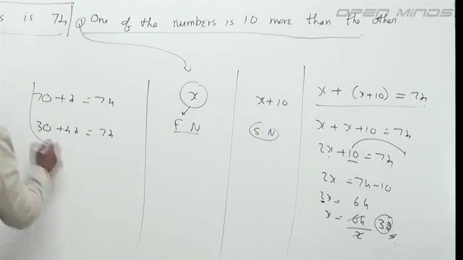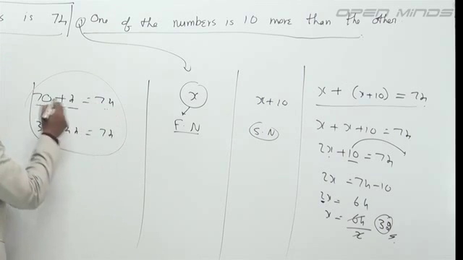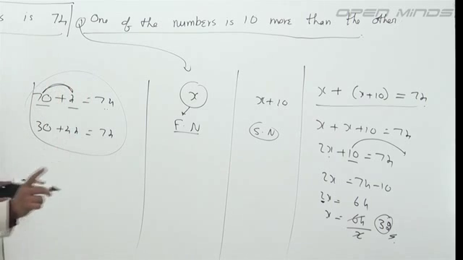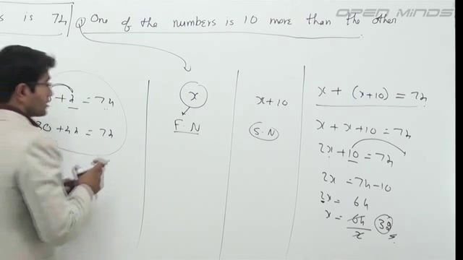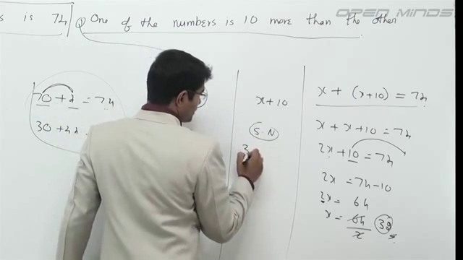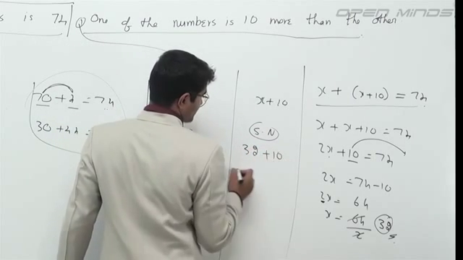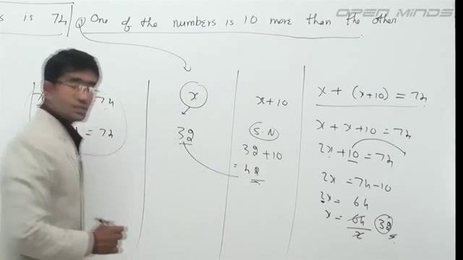Now let's check. If I add them, I'm getting 74, but is the difference between these two numbers 10? So let's say x is 32 and the next number is x plus 10. The first number is 32. The second number is 32 plus 10, that is 42. Do you think if you add these two, you get 74?